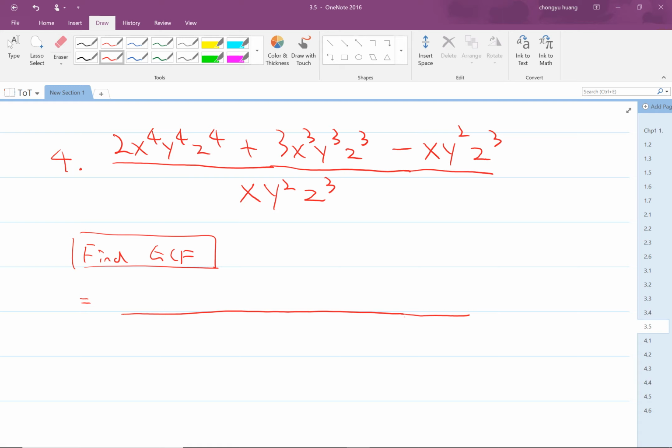So the number 1 is part of the GCF, and for 1 you don't actually have to write it.